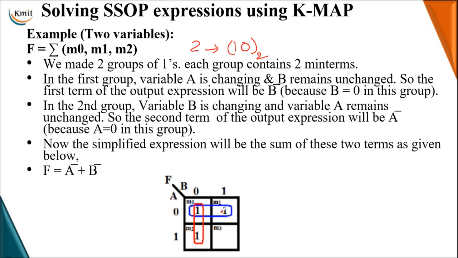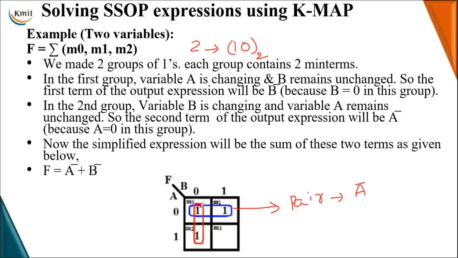Now m0 is adjacent to m1, so this belongs to pair 1, or group 1. This pair 1 will give you the minimal expression, which is the common variable. The common variable is a and the assigned value of a is 0. Hence the product term becomes a bar.